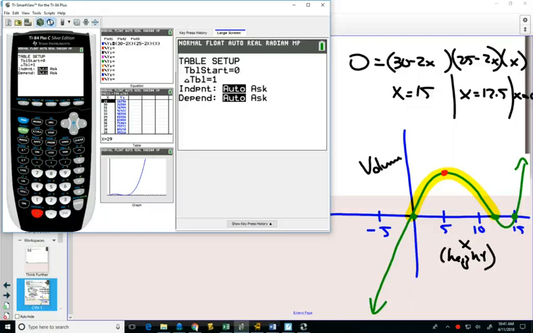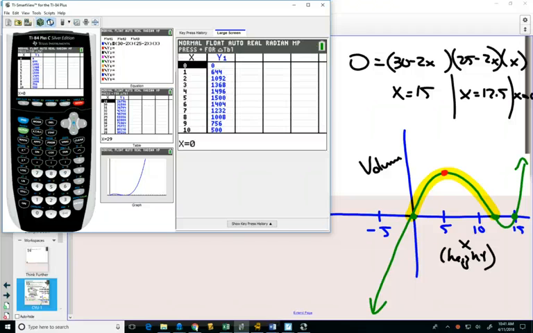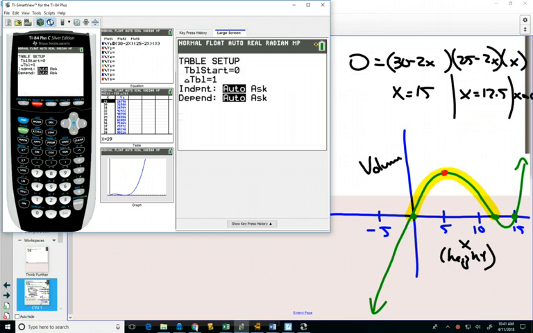I'm going to start it at 0 again. And then when I go back to my table, it's starting at 0. So second and graph to get to your table of values. From my table of values, I can already see that it's getting up to 1,500 and then starting to go back down again. So second table set, which is above the window button, and just change that back to 0.